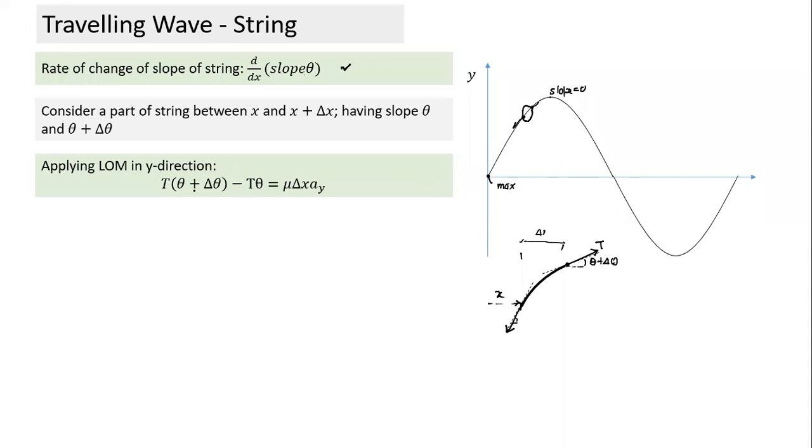So the vertical component is T into sine theta, and sine theta can be approximated as theta. This is the net force acting, and the net force has to be equal to mass into acceleration in the y direction. Mass is mu times delta x, the length, right? So we are left with T into delta theta and mu into delta x. And what is ay? ay is equal to d square y by dt square.